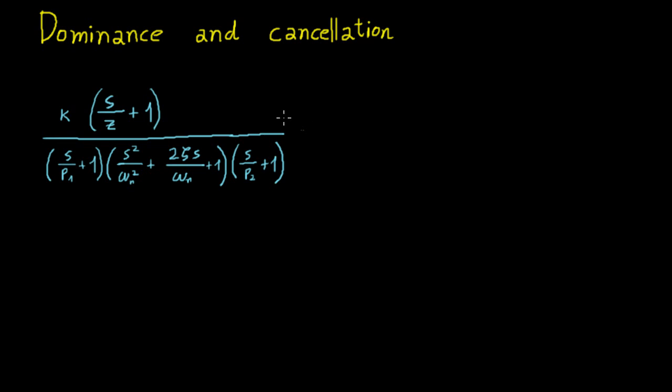So, for example, in this function here, maybe a good approximation could be given by just k over one of the poles, maybe s over p2 plus 1. This could be a good approximation of the original transfer function if certain requirements hold. And we're going to see what those requirements are.